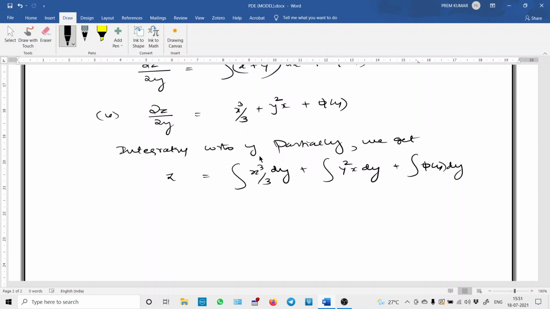Since we are integrating with respect to y, we have to add some function of x as a constant. That is z equals x cube y by 3 plus y cube x by 3 plus integration of pi of y with respect to y plus psi of x.